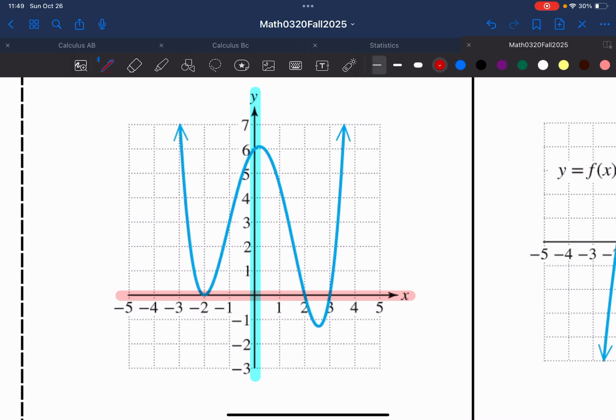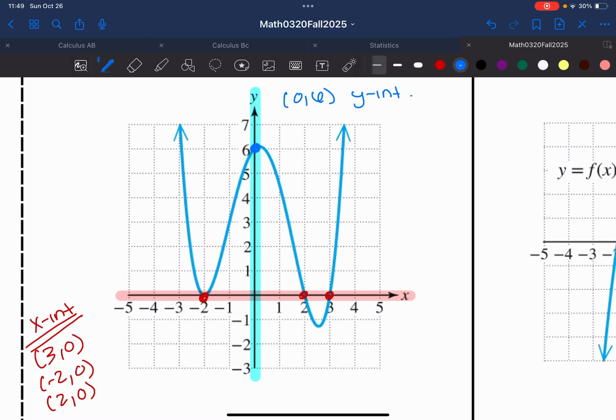Okay, so for my x-intercepts, I know it's going to be -2, 2, and 3, which I would write as -2, 0, 2, 0, and 3, 0. Again, these are my x-intercepts. And then my y-intercept would just be at this one point, 6, which I would write 0, 6, and this is my y-intercept.